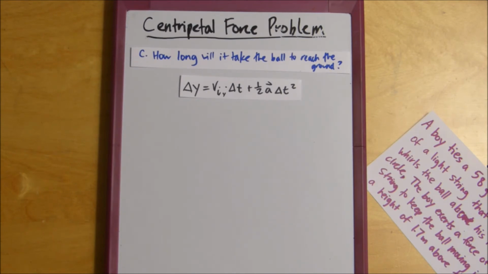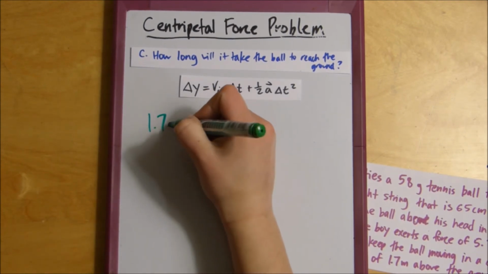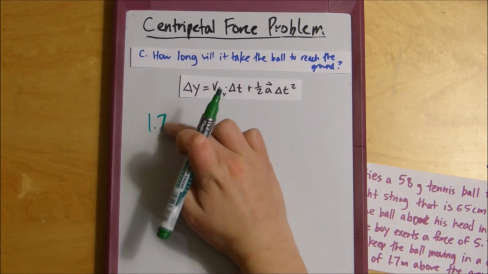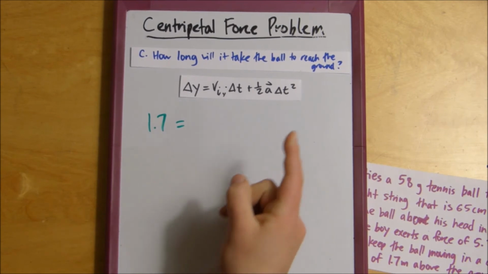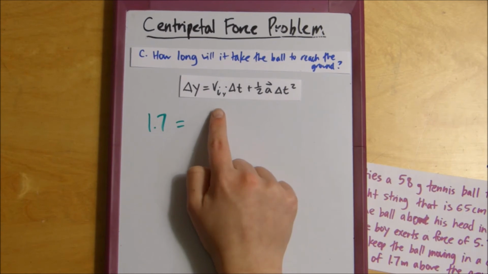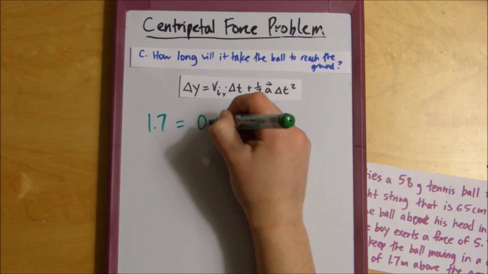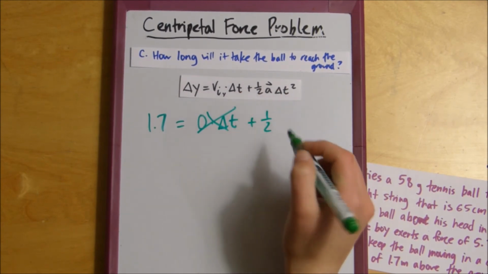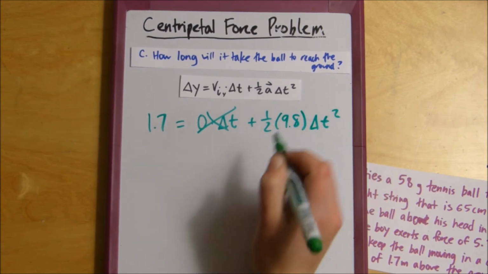So we know delta y is 1.7, the height at which the ball is being swung. Because the ball is swinging around in a circle horizontally, there isn't any initial vertical velocity. So this would just be 0 times delta t, so that entire term goes away, plus 1/2 times 9.8 times delta t squared.